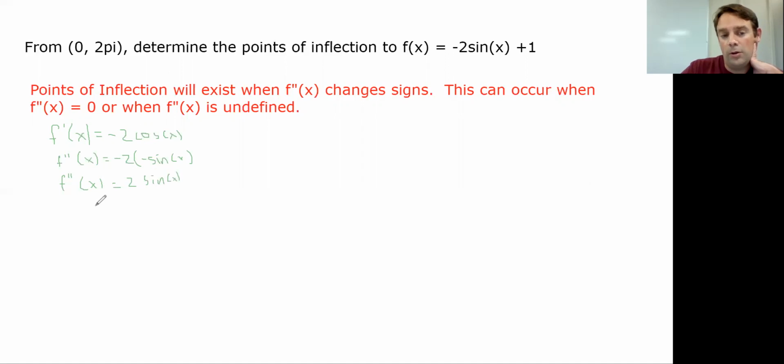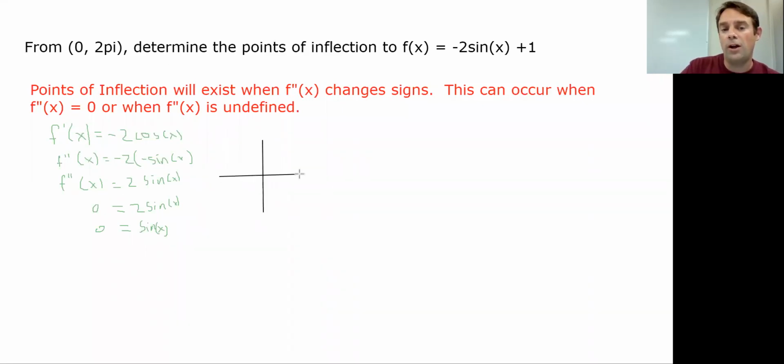And then I'm going to go ahead and plug in 0 for my second derivative. So we have 0 equals sine of x. And again, we're thinking about the unit circle.